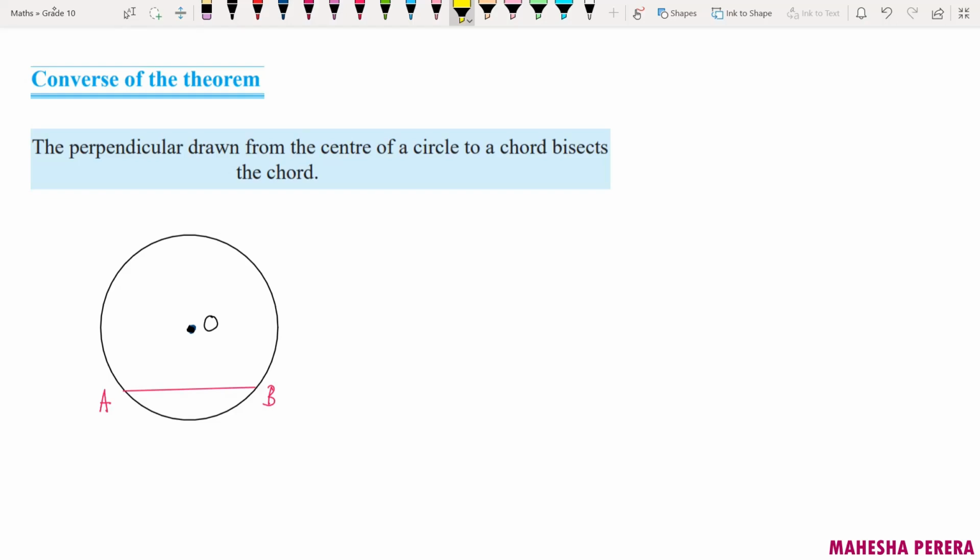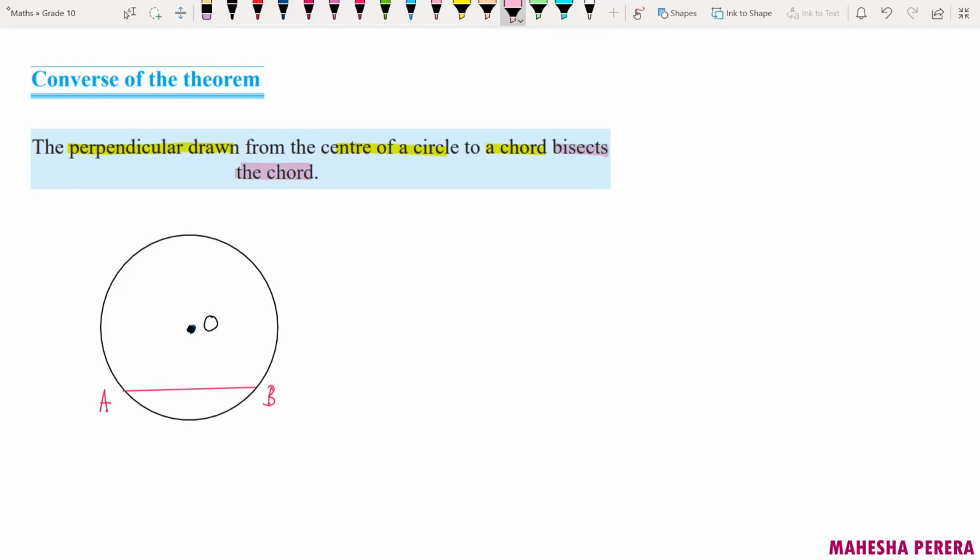Now let's take a look at the converse of the theorem that we learned. According to the converse of the theorem, the perpendicular drawn from the center of a circle to a chord bisects the chord.